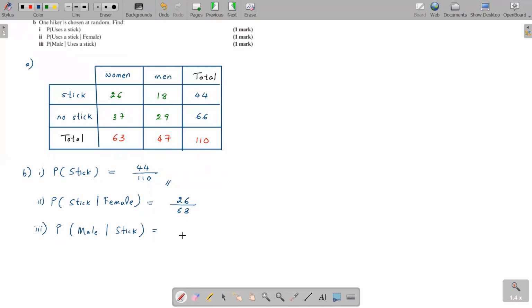So we have a total of 44 who use a stick. So out of this 44, what's the probability that a male uses a stick? So we have 18 males in this group of 44 who use a stick. So we write here 18 out of 44. All right, guys, is this clear? Okay, so I hope the two-way tables are clear to everyone.